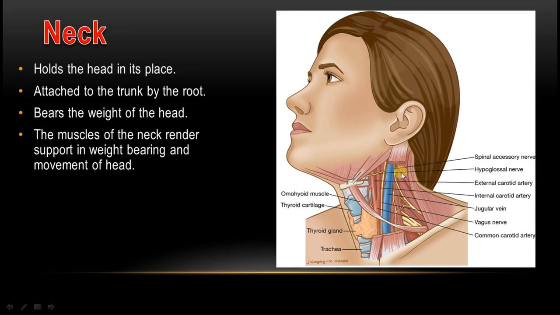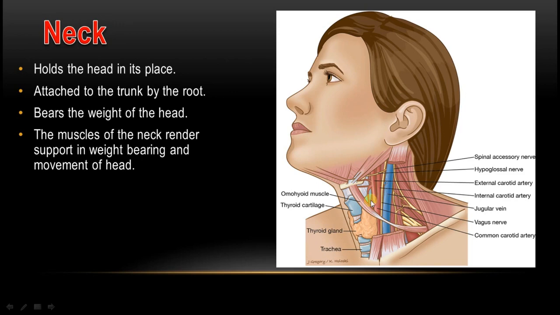Now mainly you can see most of the muscles, your sternocleidomastoid or trapezius. Then you have so many muscles situated in front, at the sides and behind the vertebral column. Prevertebral muscles and paravertebral muscles are all present. They render support, and thereby they anchor and help the head to stay in its place.